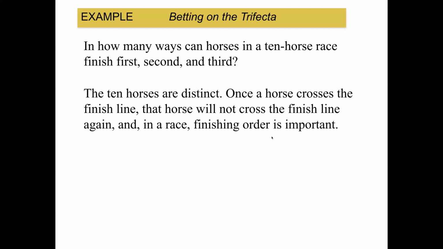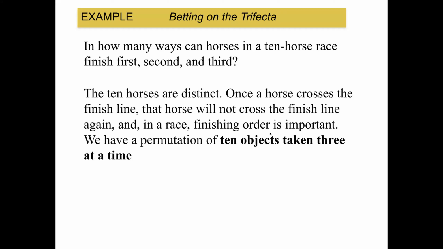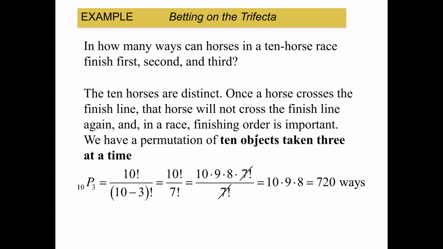So finishing order is important here. So it's a permutation of 10 distinct objects taken three at a time, first, second, and third. This is the definition of a permutation, and order is important. Okay, so here's how we would do the calculation of the permutation for horse finishes. 10 factorial divided by 10 minus 3 factorial, which is 7 factorial.